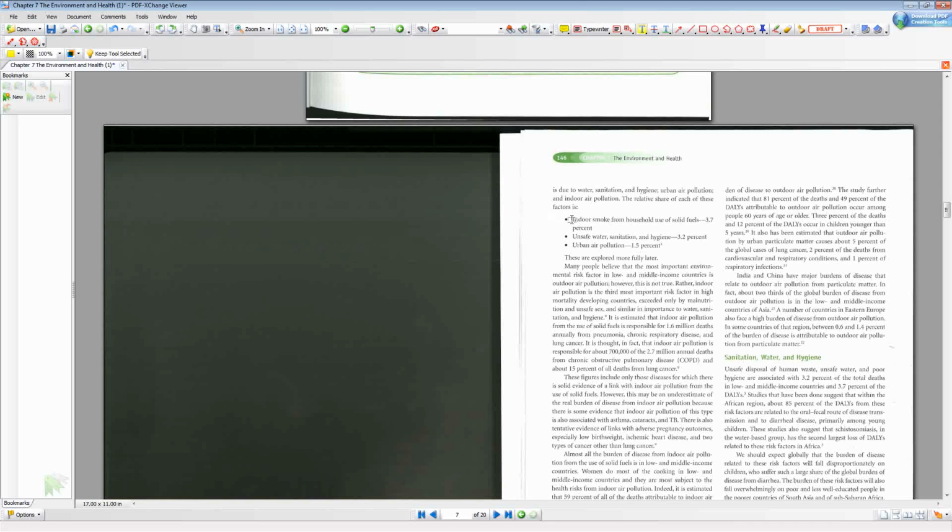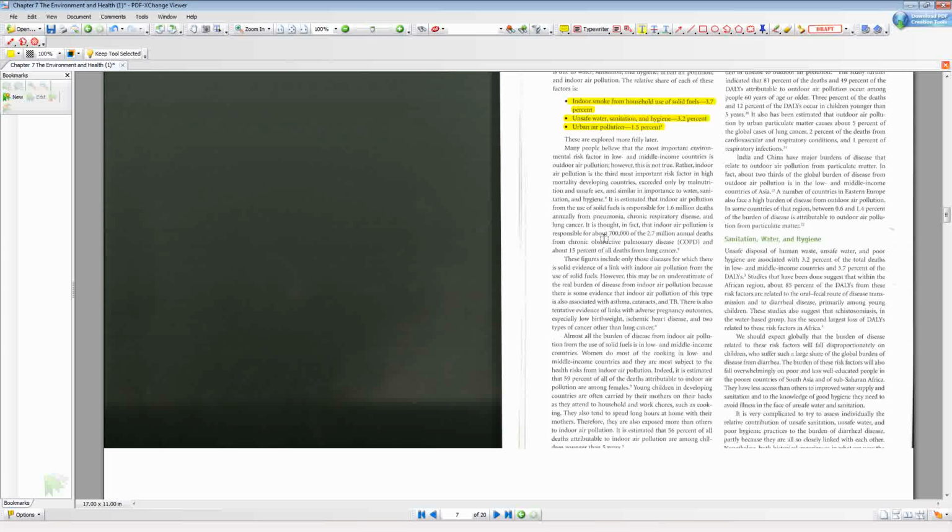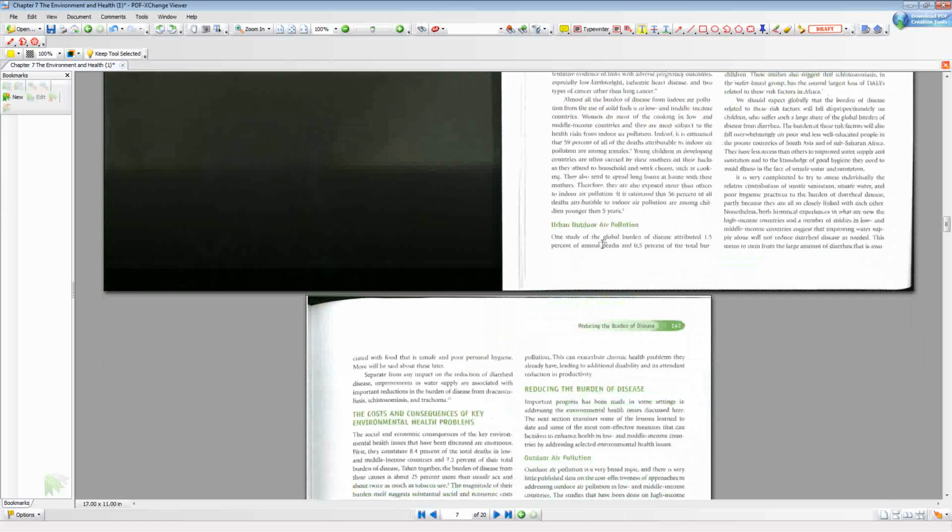And so that breaks down to the following. We can see that indoor smoke from household fuels comprises the largest percentage, followed by unsafe water, and then finally urban air pollution. And make sure you read through this section.